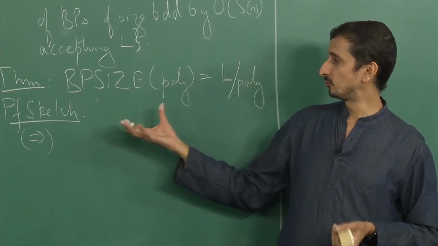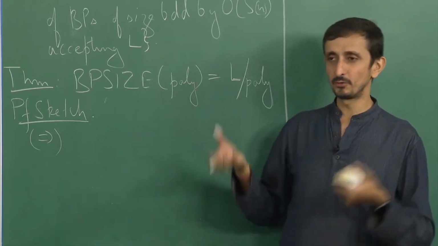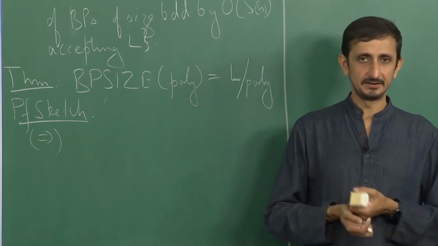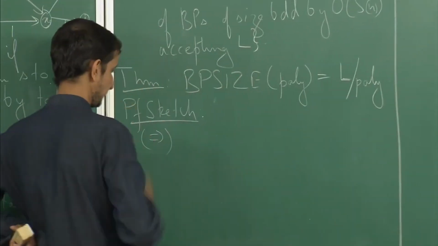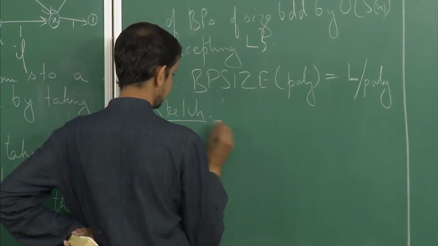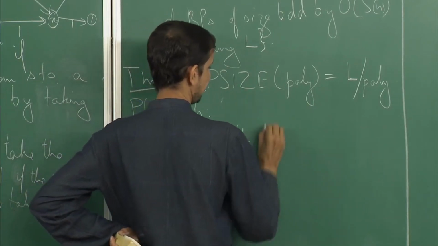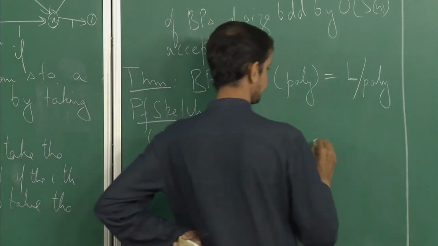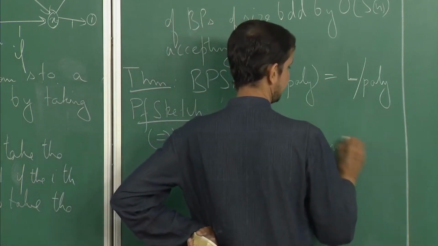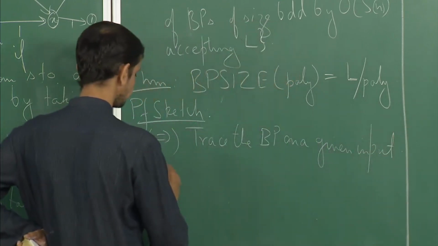So I would have to store at any point in time which node of the branching program I am at, and that would take space that is logarithmic in the size of the program. Okay. So essentially the idea is to trace the branching program on a given input.